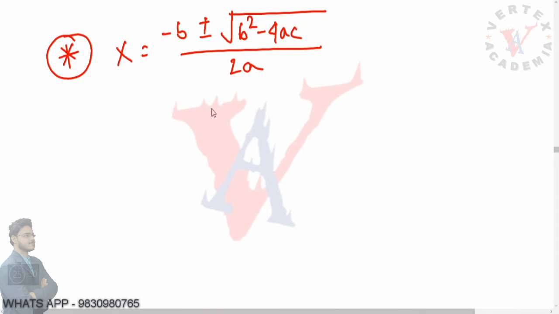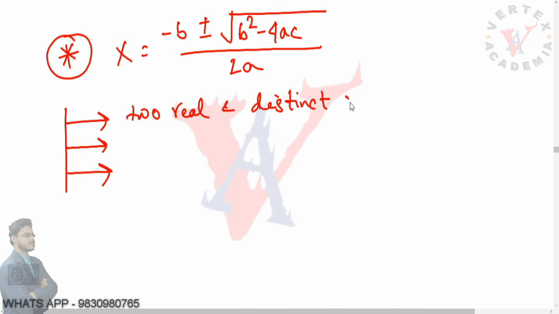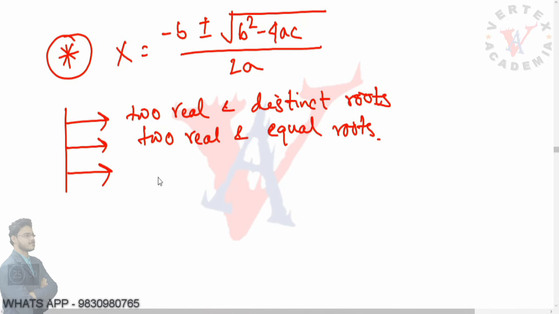According to our class 10 syllabus, there can be 3 types: 2 real and distinct roots, meaning there will be 2 roots, they are real and not the same; second, 2 real and equal roots; and third, no real root.